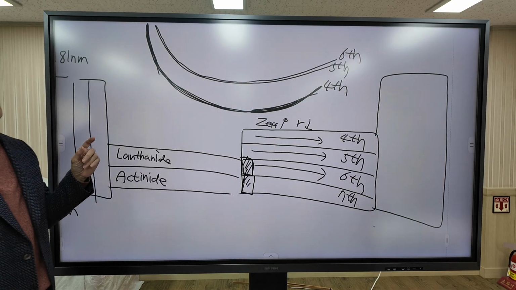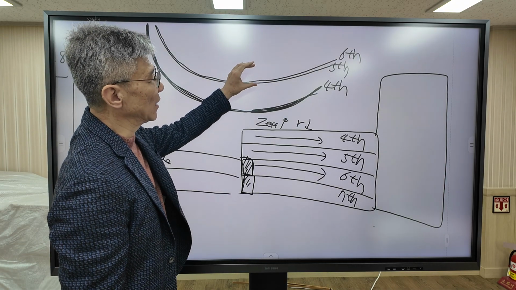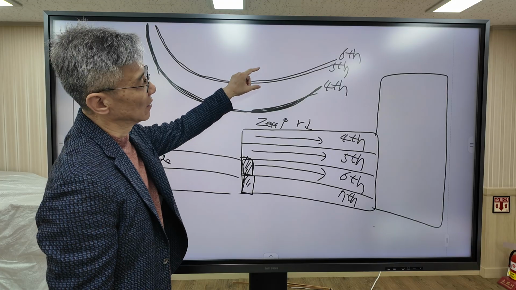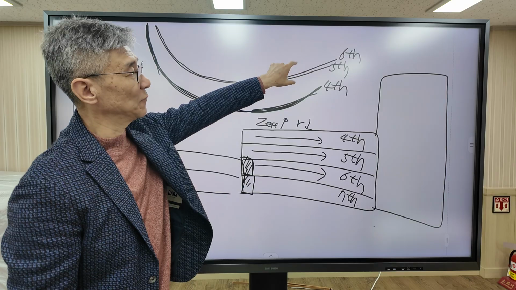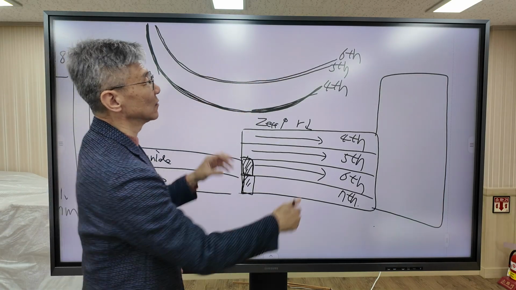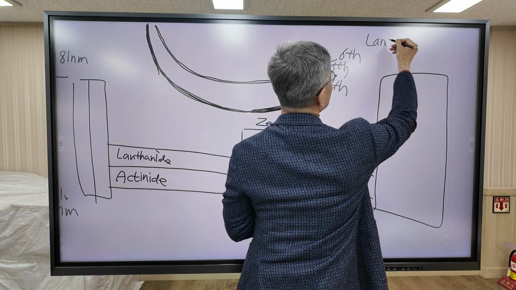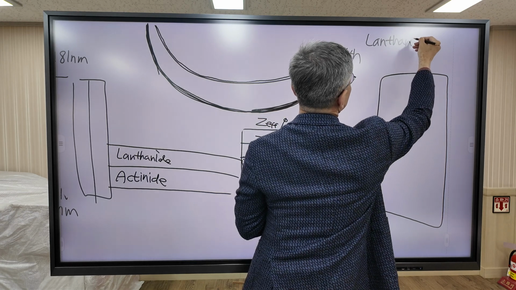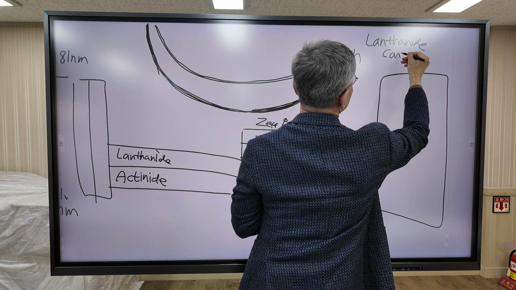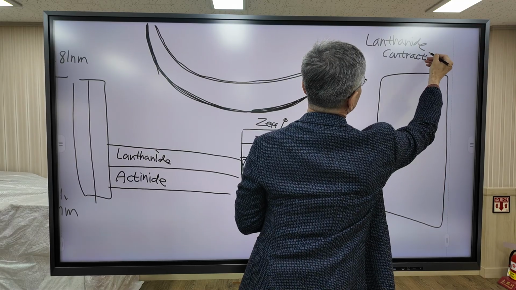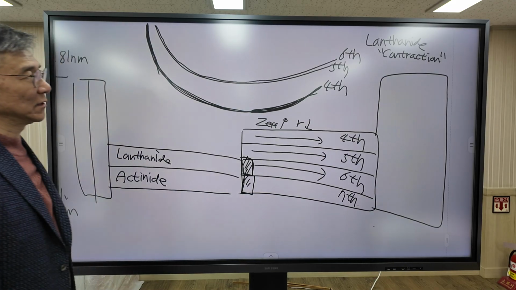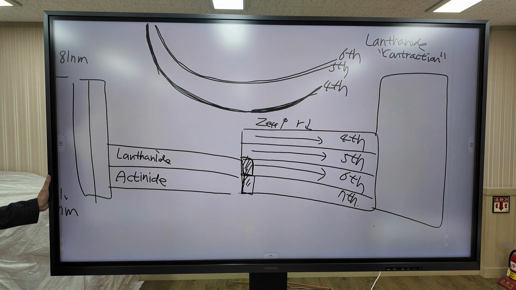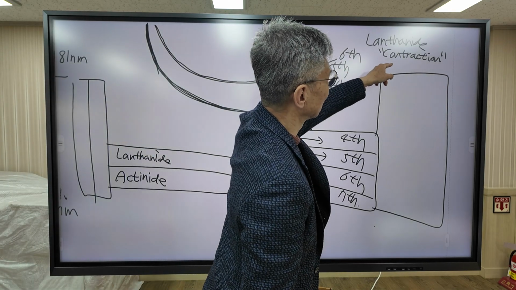So the atomic radius of the 6th period elements is very, very similar to the 5th period elements. The atomic radius does not increase for the 6th period. This phenomenon is called lanthanide contraction, because the atomic radius of the 6th period transition metals is much smaller than expected.